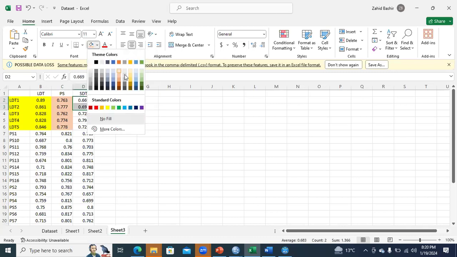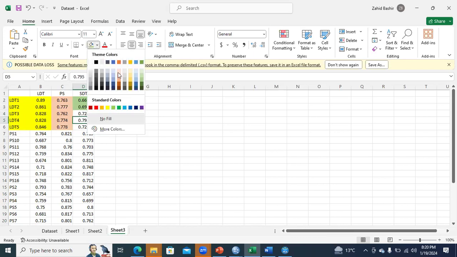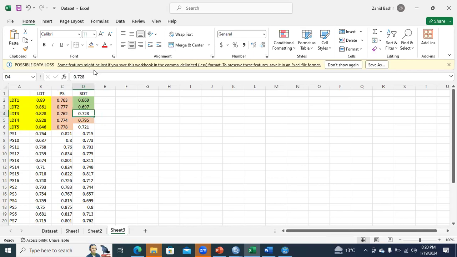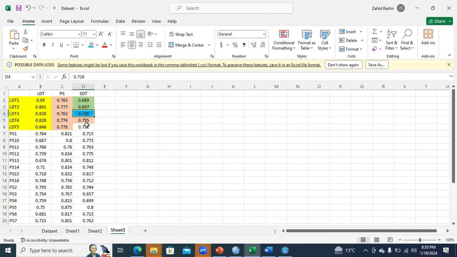Again, you can see this value is greater than 75%. So you can check over here. This value is less than 75%, and this is also less than 75%. So basically, the bigger issue is with those that appear in all the constructs.